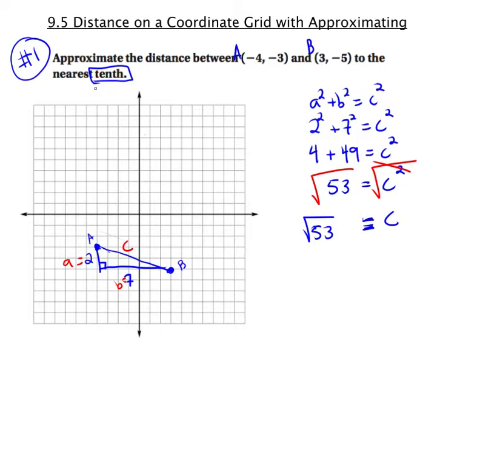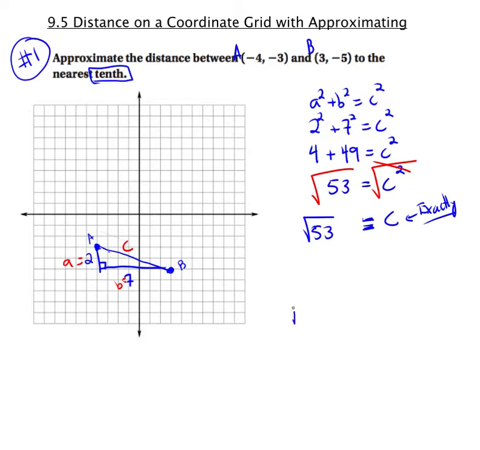If it had asked, instead of saying approximate, if it said exactly, that is what we would use. We would circle this one. But it says approximate, so now we need to go into our approximate mode, which we learned.